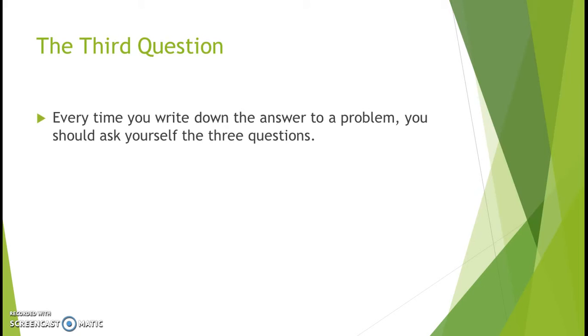However, the third question is another way of looking at this problem. Every time you write down the answer to a given problem, you should ask yourself the 3 questions. What are the 3 questions? Are my significant figures correct? And you probably haven't studied this yet, and we'll worry about this later, both in grades 11, 12, and in university.